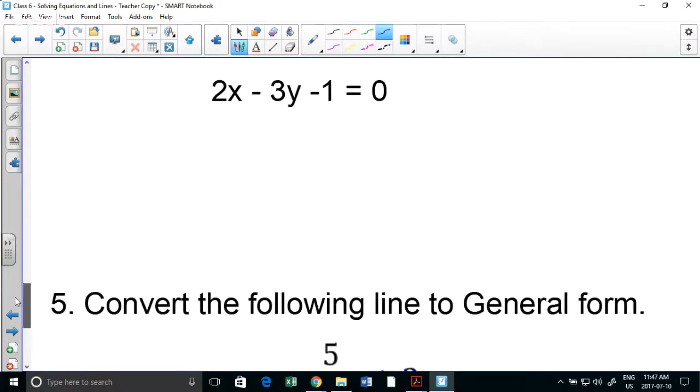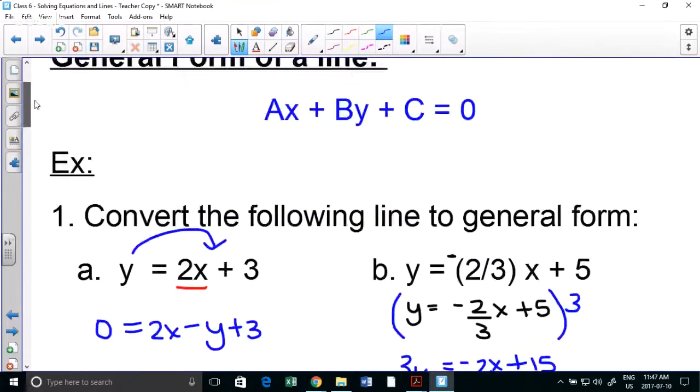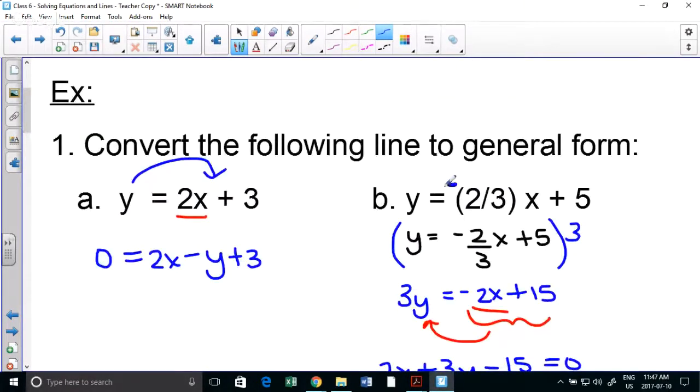So if you just jump down to number 5, we can do the same thing here. Why did it become a negative 2? I changed the question here because I wanted to do it with a negative.